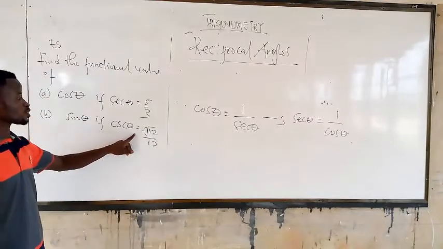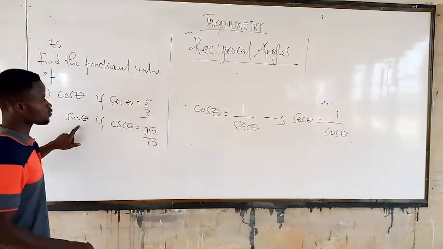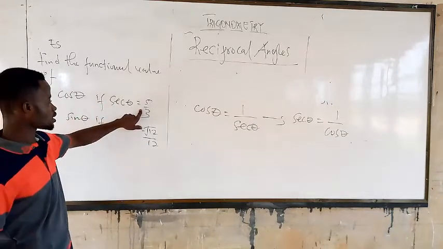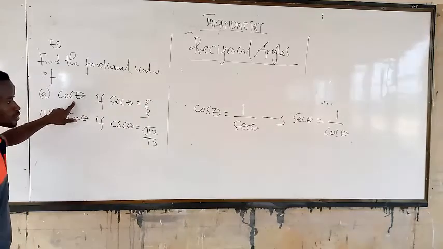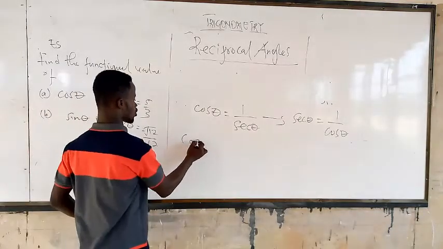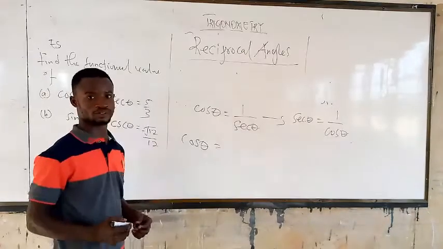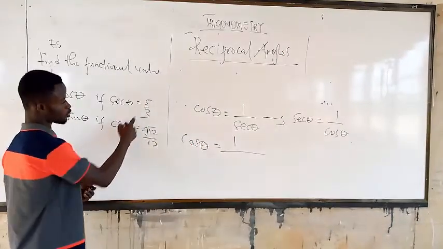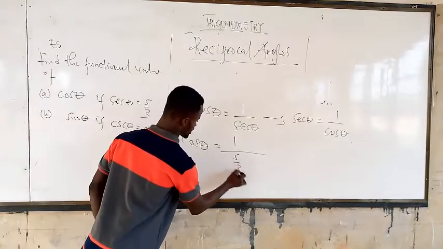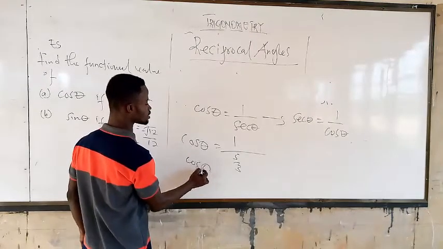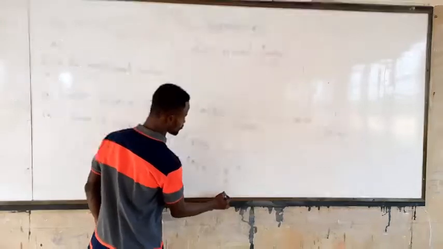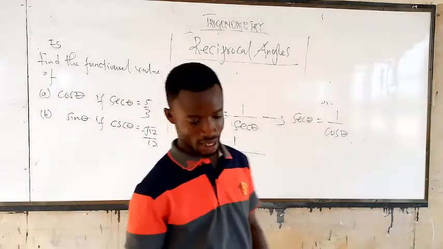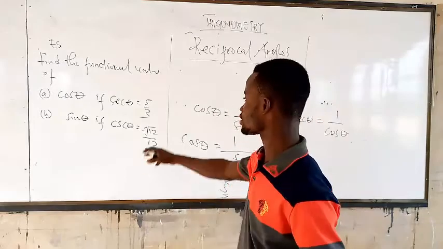We are given sec theta to be equal to this, and we have to find cos theta. So cos theta is going to be equal to 1 over sec theta, and sec theta is 5 over 3. Therefore, cos theta is going to be equal to 3 over 5. So that will be the final answer for that. Okay, let's continue.